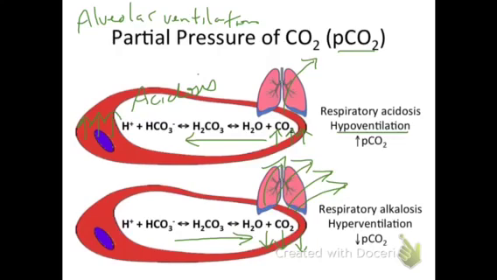This then leads to a decrease in the hydrogen ions, and this results in an alkalosis. You can actually induce a respiratory alkalosis in yourself if you breathe very, very rapidly.